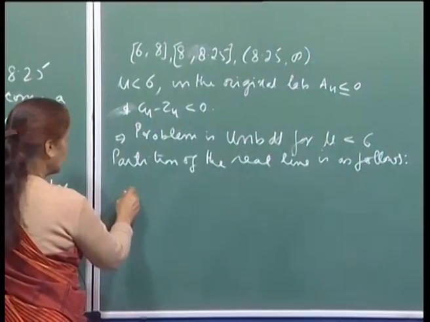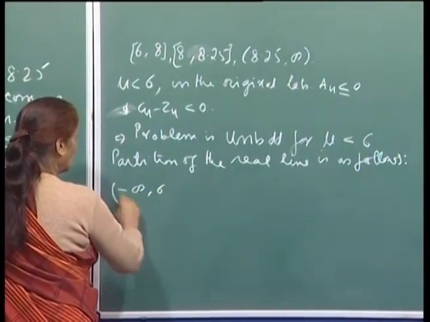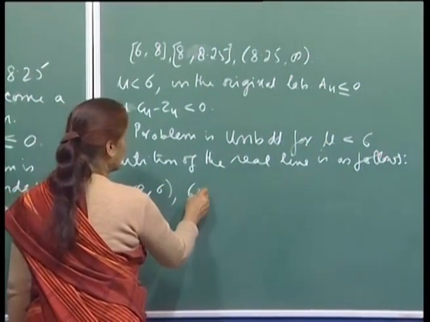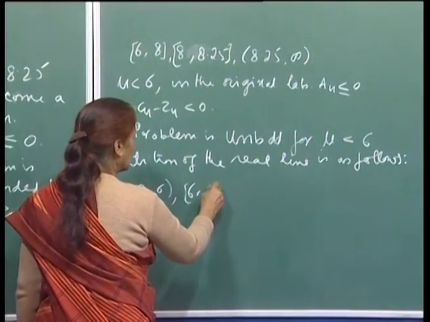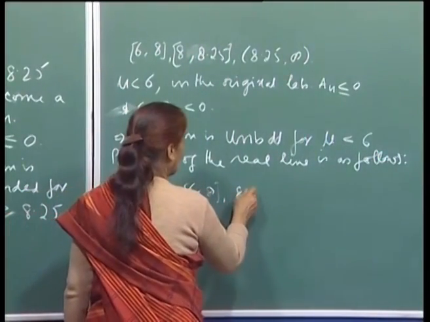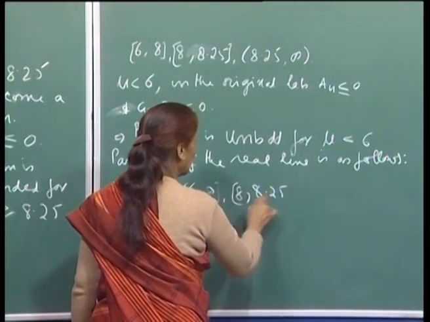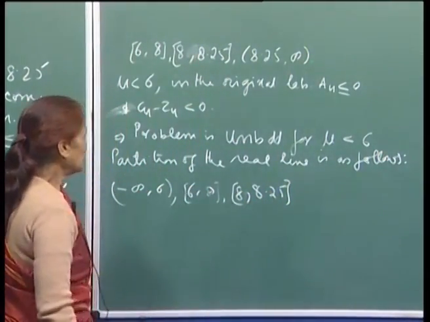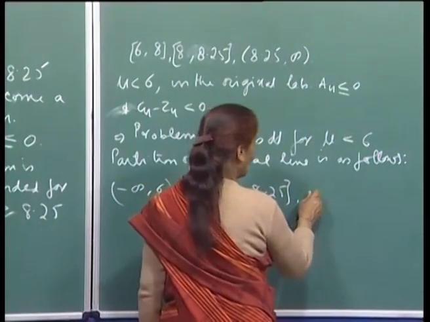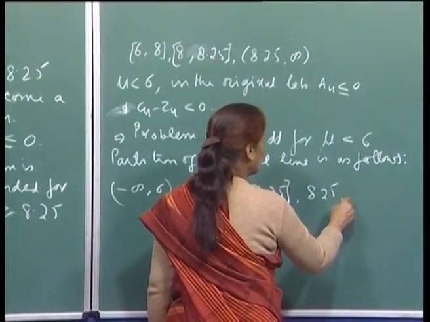So this is minus infinity to 6 open interval, then 6 to 8 is a closed interval, 8 to 8.25 is again a characteristic interval which is closed, and then you have the open interval 8.25 to infinity.